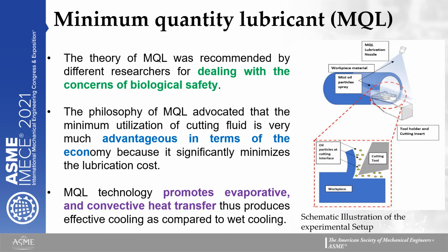In order to avoid the harmful environmental effects of conventional fluid cooling, the minimum quantity lubrication technique is used, which is referred to as a green method. And the philosophy of MQL shows that because we are using the cutting fluid in a very small quantity, as a result the environmental burden is reduced. At the same time, the lubrication cost is reduced.